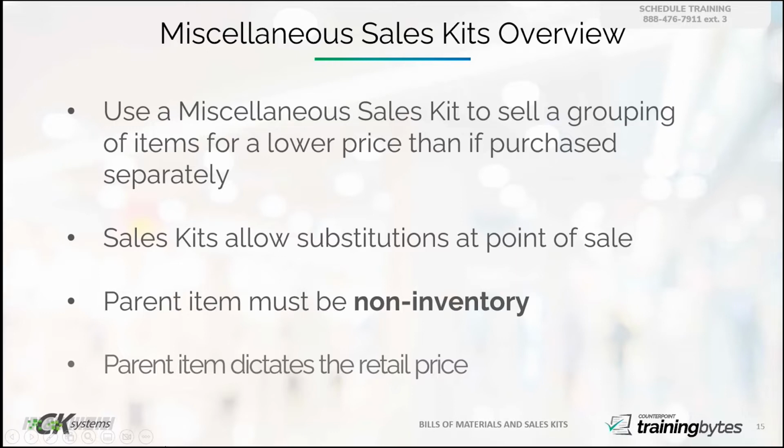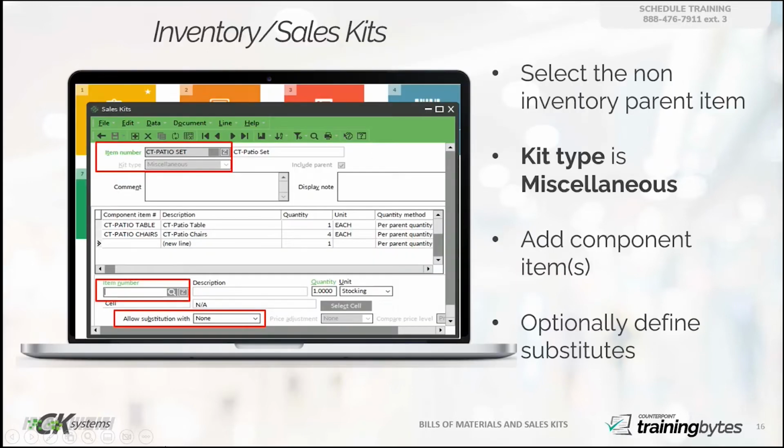Now, in order to make a miscellaneous sales kit, the parent item has to be non-inventory. And it's the parent item that dictates the retail price of the entire bundle. So if you go to inventory sales kits, and I used a patio set in this example again. So I choose my item.